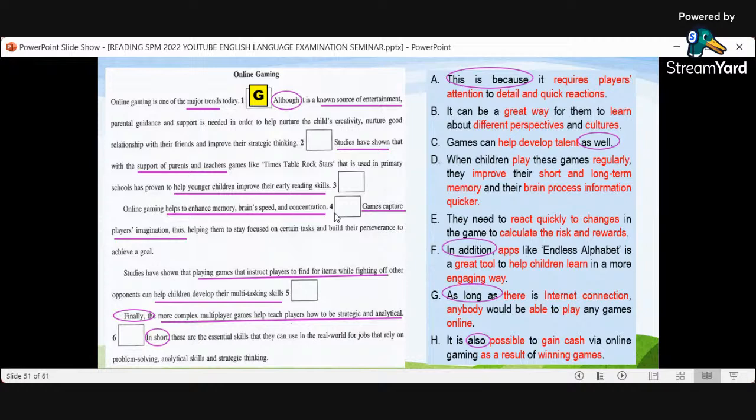So when you're talking about child's creativity, nurture good relationship with their friends, improve their strategic thinking, then you have studies have shown, the best answer would be C, because they talk about, have shown that with the support of parents and teachers, games like the Times Table Rockstars that is used have helped younger children improve their early reading skills. So besides that they have a good relationship with their friends and improve their strategic thinking, games can help develop talent as well. Because studies have shown this is what.